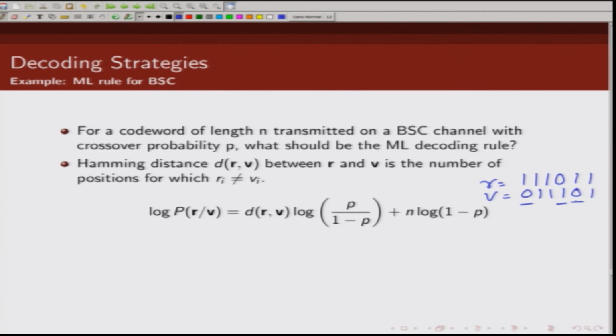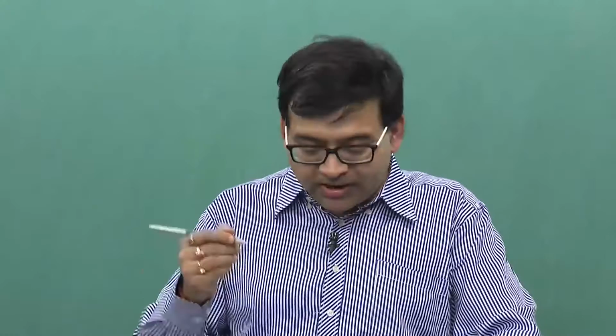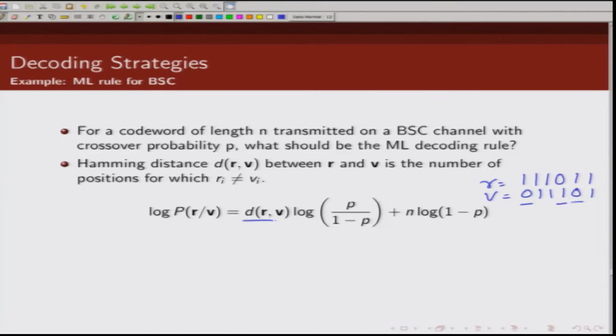Now, when we send an n-bit code word over a binary symmetric channel, some of the bits will get flipped with crossover probability p. Let us denote the number of flipped bits by d. The Hamming distance between R and V specifies the locations where R and V are not the same, which means those are locations where errors have occurred.